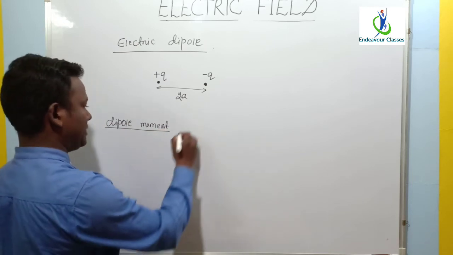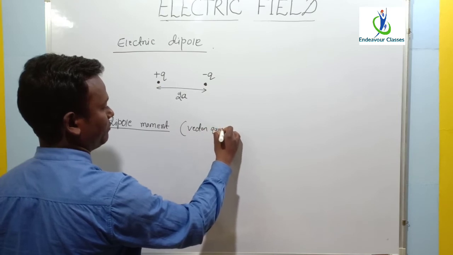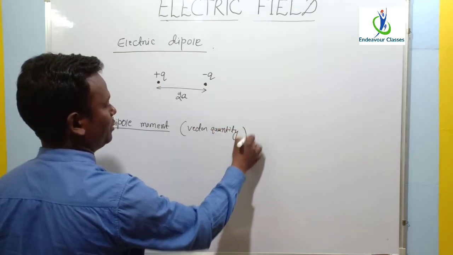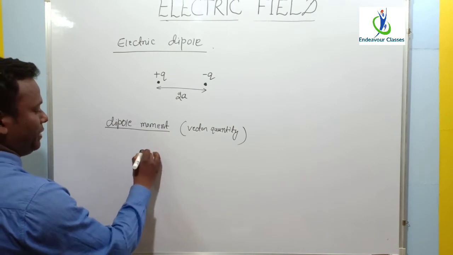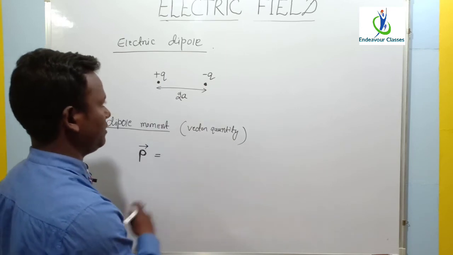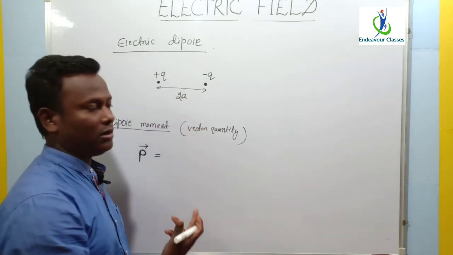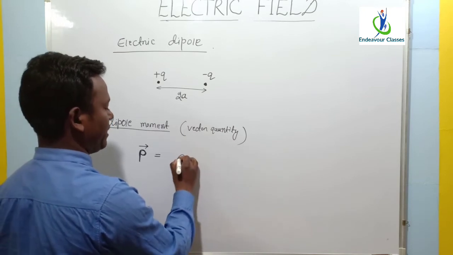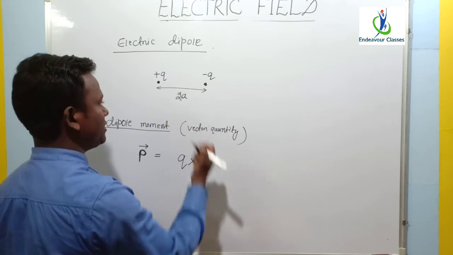So the dipole moment is a vector quantity. Remember, it's a vector quantity whose magnitude, symbolized by the vector p, is given by the product of the magnitude of either of the charges, as both the charges are equal, and the perpendicular distance between them.